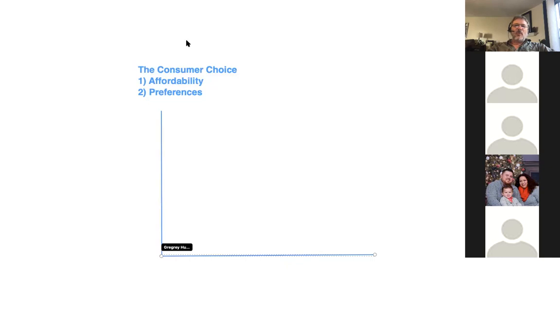Now, I want to point out that it doesn't matter which good you put on which axis. And there's a couple of other things worth mentioning. So I'm going to put the quantity of good X on the horizontal axis and the quantity of good Y on the vertical axis.